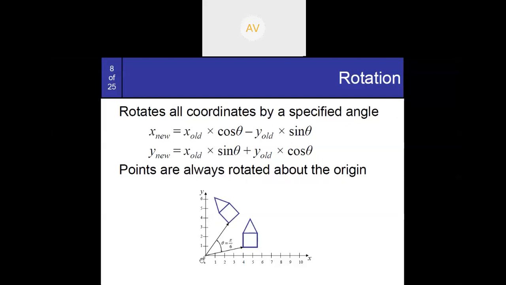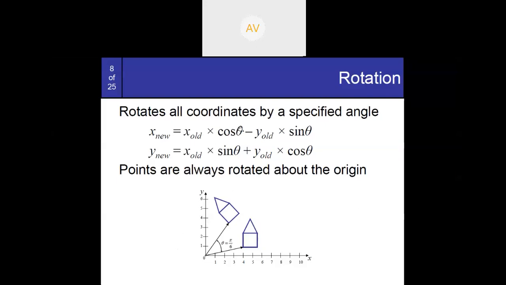For now, you just remember these formulas. Later we will write down the matrix also for this. Using these formulas, you can find out the new coordinates of the rotated object.